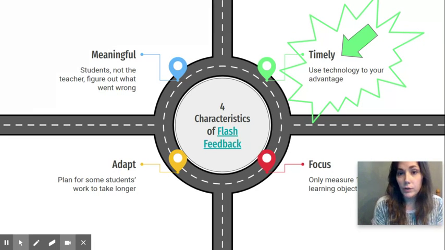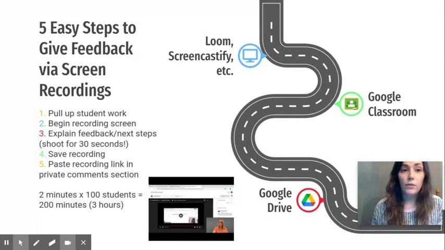The other thing about flash feedback is it has to be timely, like I already mentioned. And this is where we can really use technology to our advantage. And so that's what I'm going to show you here on the next slide. So when you give flash feedback, and if you decide to follow some of those characteristics of keeping it very focused with only measuring 1 or 2 specific items whenever you're looking through written work, it's easy.